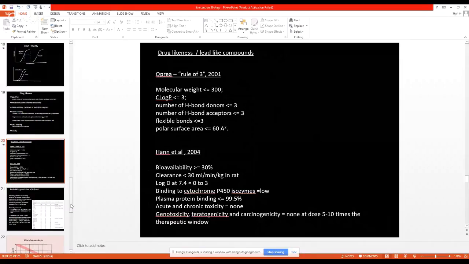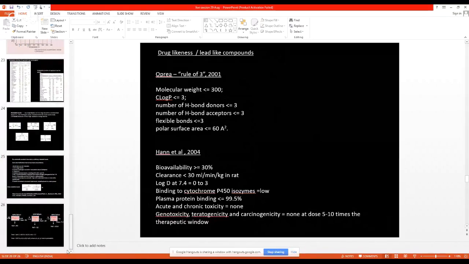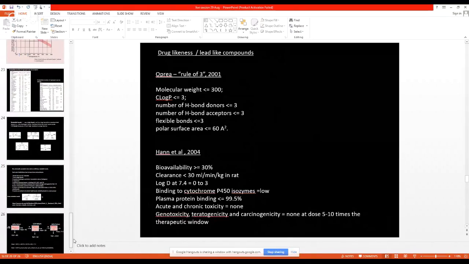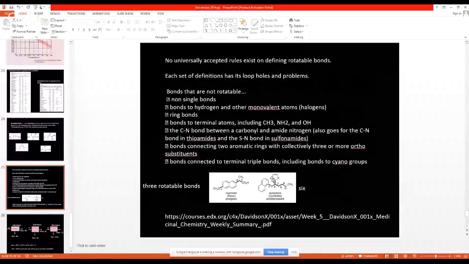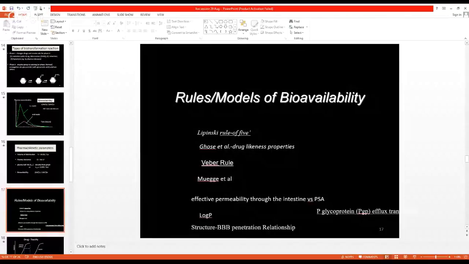Okay, there are 2 or 3 things which I would like to talk about, which were raised in some questions in the past few lectures. It is not that there is a very clear rule, especially with respect to rotatable bonds. For rotatable bonds, there is no single rule at all.